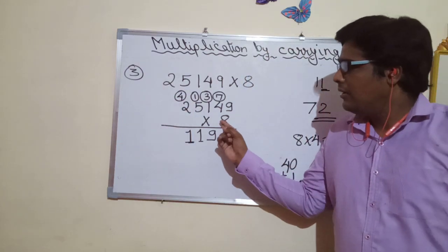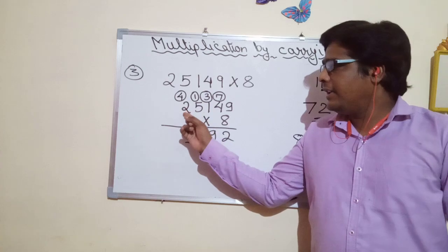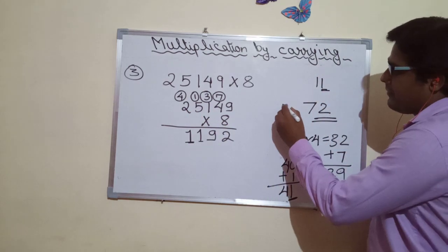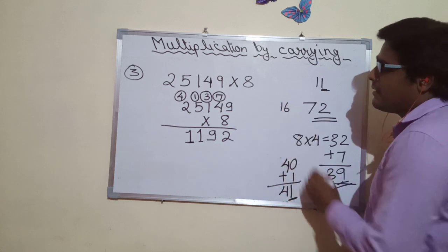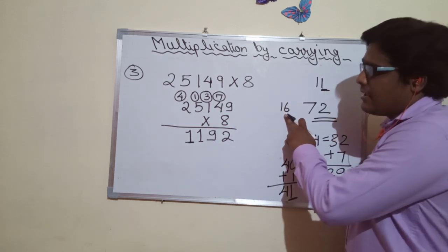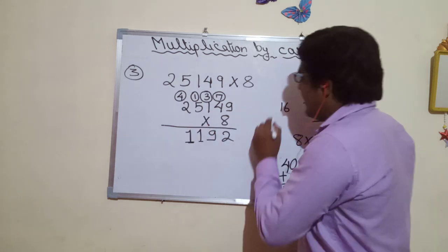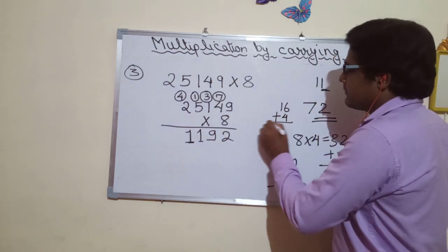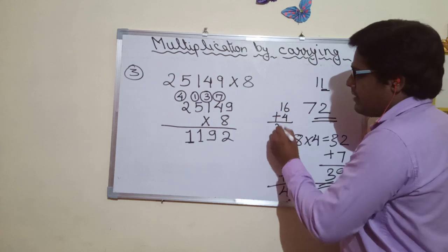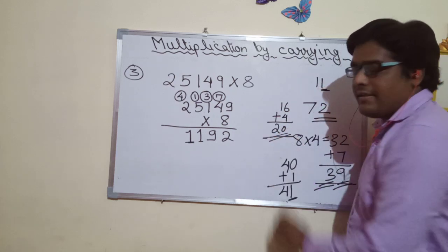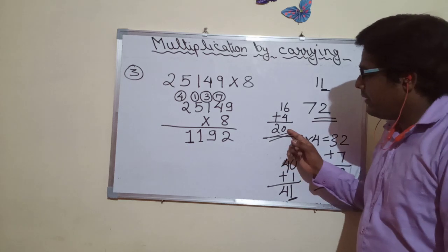Now you multiply 8 by 2. 8 twos are 16. With this 16, you will add 4, that is the number which is carried over. So 16 plus 4 is 20. This 20 is having two digits, that is 0 in ones place and 2 in tens place.